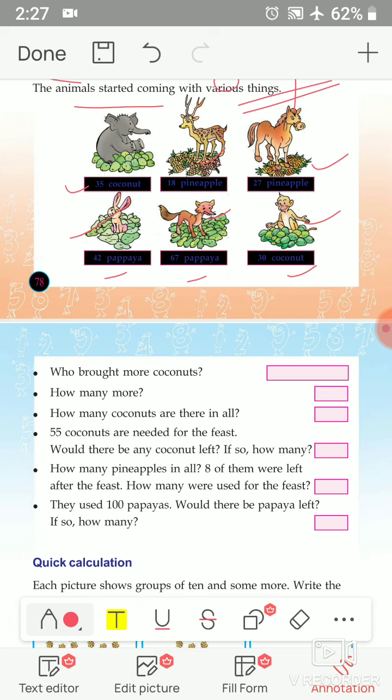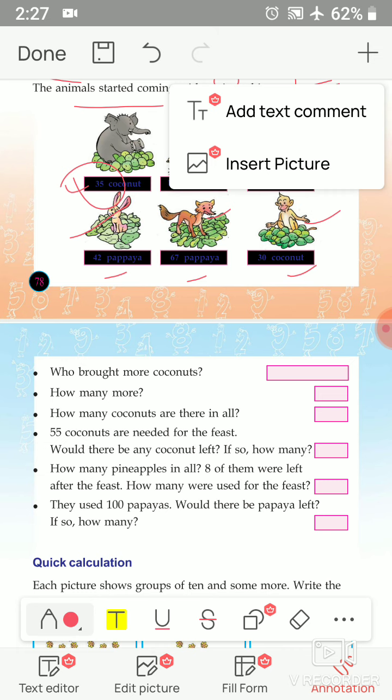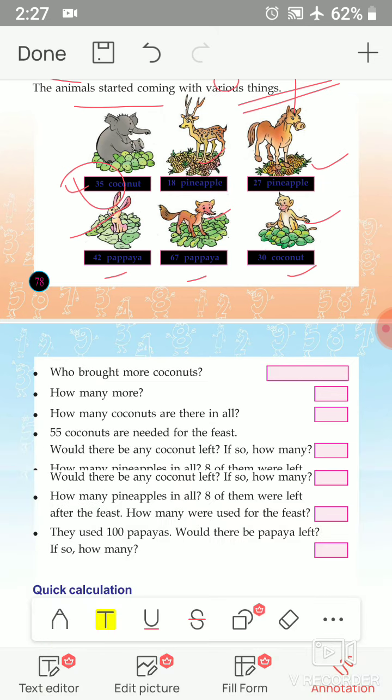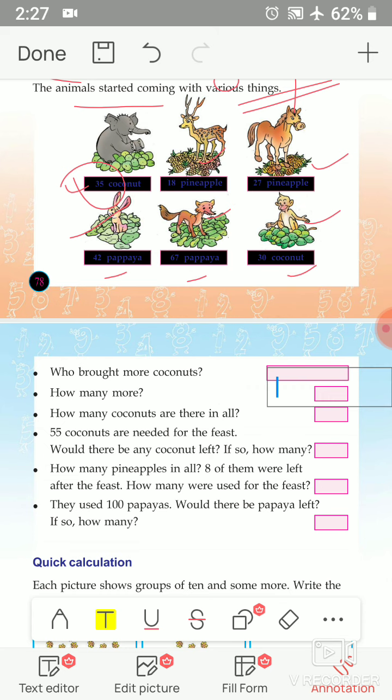Look at this picture. Here two animals, elephant and monkeys, collected coconuts. And look at these numbers, 35 and 30. Which is the biggest number? 35. That is, elephant collected more coconuts. Then all of you write in that box, elephant.